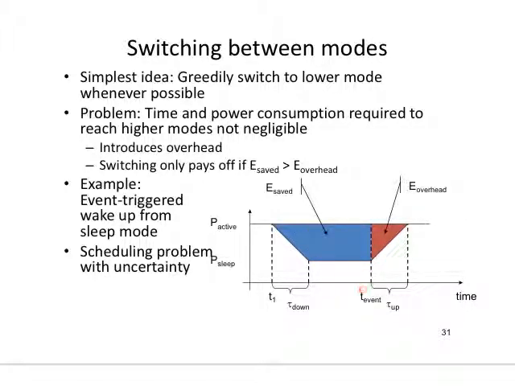The problem is, if there is an event that happens at time t event and you want to switch back to the active mode, then you have to wait for a time equal to tau up until you reach the active mode. During that time, all this energy is wasted because you did not utilize it in any way. And then you switch to the active mode, and only then you can do some processing.